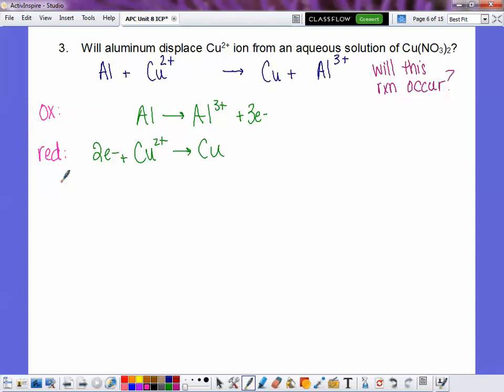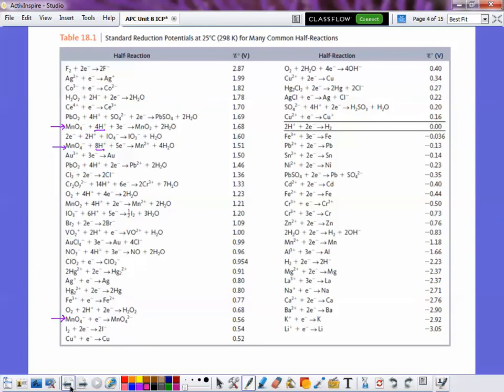Really? Wait, no, that's okay, 0.16. I was thinking plus 1. I don't have either of those. I have 0.34. So Cu2+ to Cu, which is here. Yeah, because there's Cu2+ to Cu+, and there's Cu+ to Cu down here.